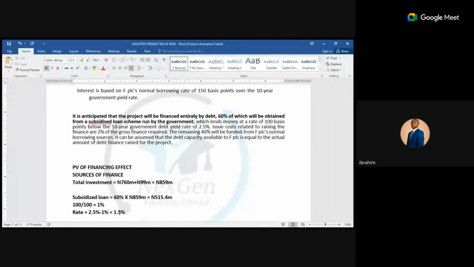Now, that is the reason why it was stated here in this paragraph that interest is based on normal borrowing rates of 150 basis points over the 10-year government yield.